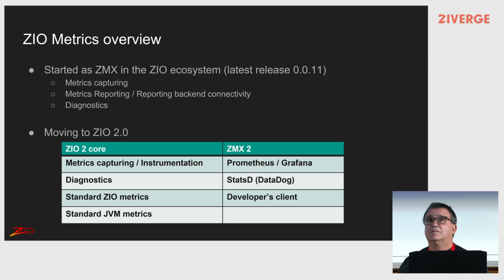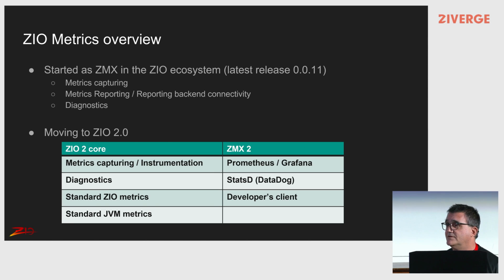So we've done that in ZMX and implemented the reporting to Prometheus and StatsD. Then, as we think this is a fundamental requirement for most ZIO applications that go into production, we decided for ZIO 2.0 that the API to capture the metrics and collect them, and provide them for being queried for visualization and dashboards, should move to ZIO Core.